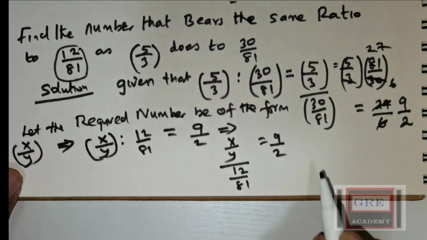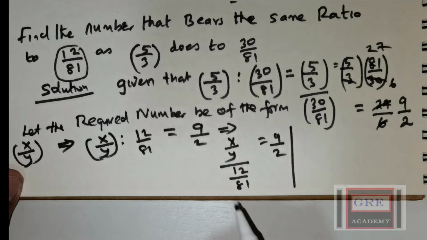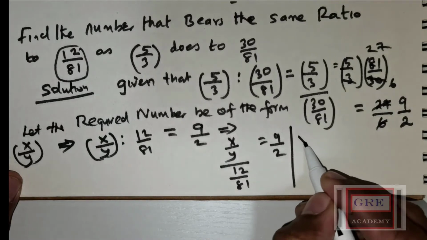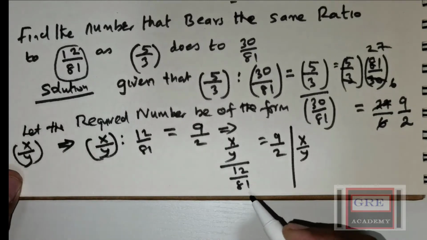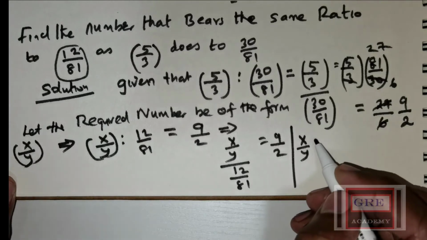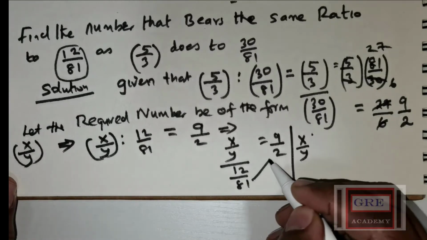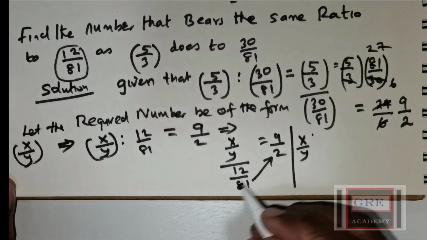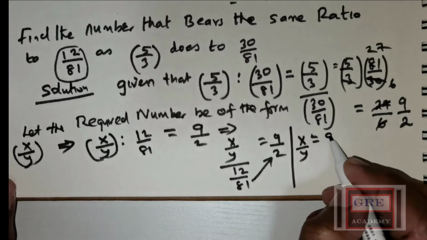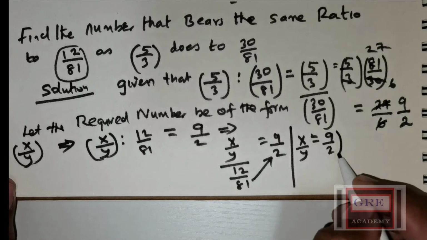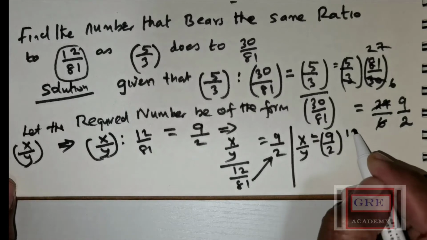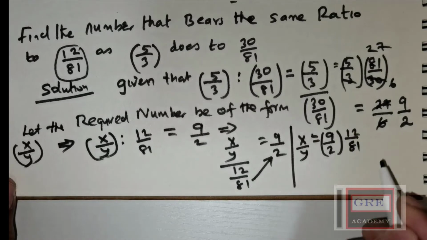Now let me try to squeeze it here. So this means x over y, you flip this. When you flip it, you get, in fact you can cross multiply. You don't have to flip it. You cross multiply, then x over y will be equal to 9 over 2 multiplied with 12 over 81.